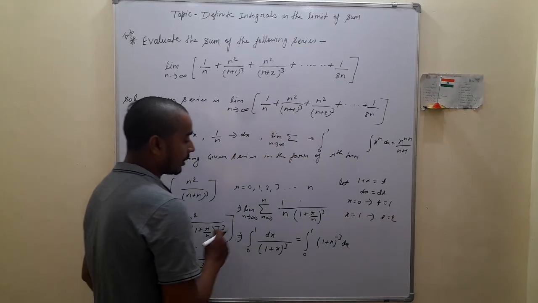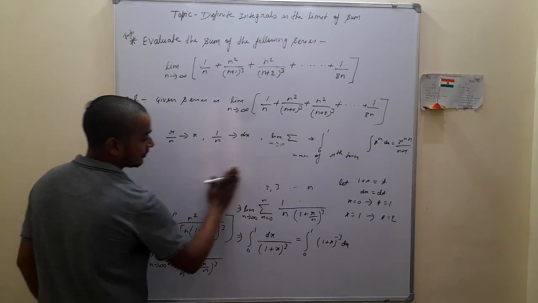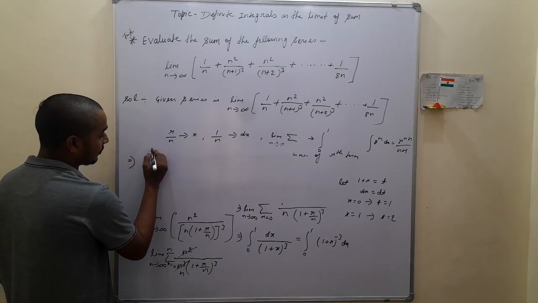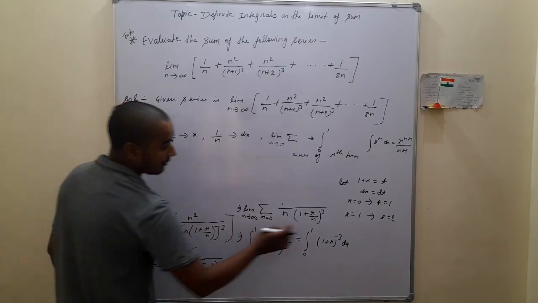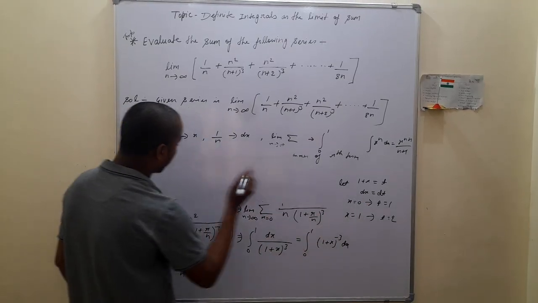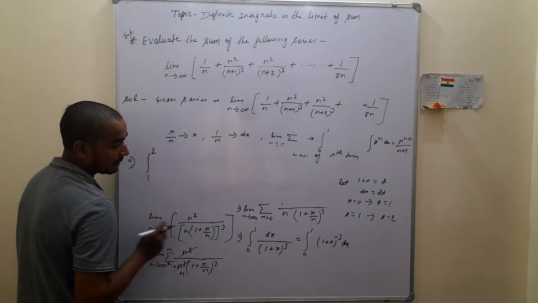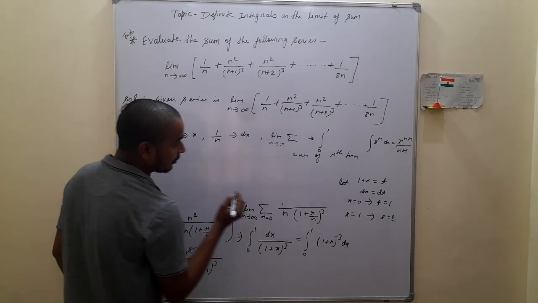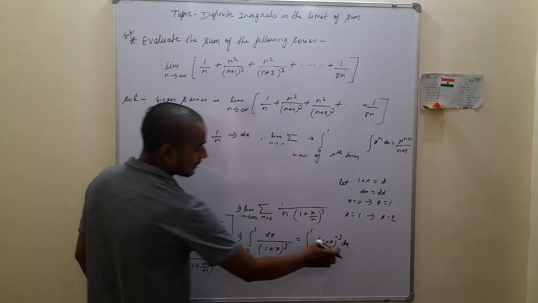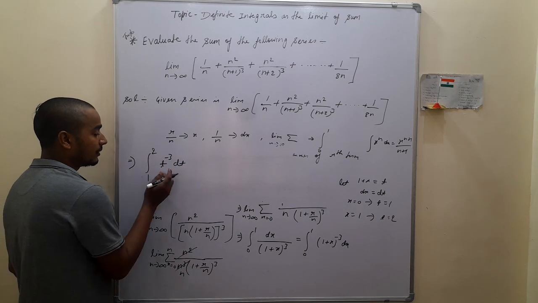So the limits change from 1 to 2, and we write the integral of t to the power of minus 3 dt.